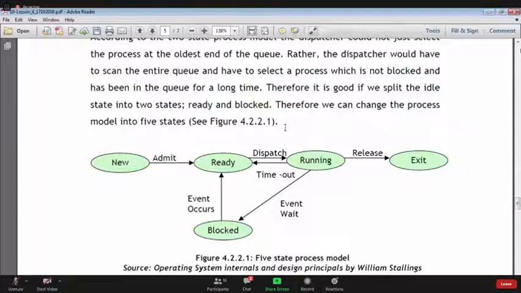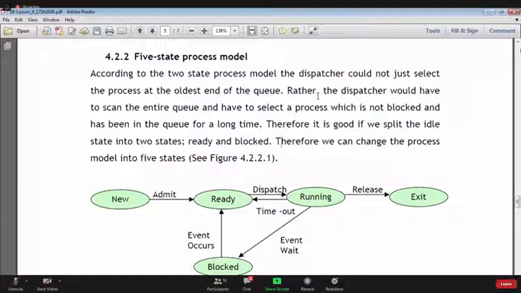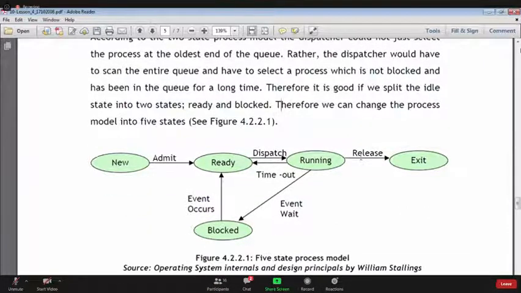So that's about the 5 state process model. You should learn these 2 process models. They are not complex if you understand. Any problems understanding? I think it's not that difficult. The new state admit process is there to enter a new process into the ready state.